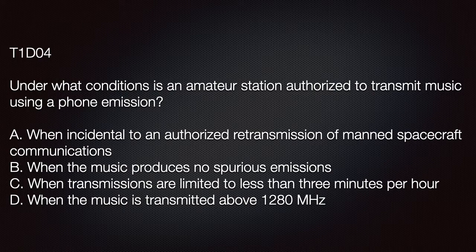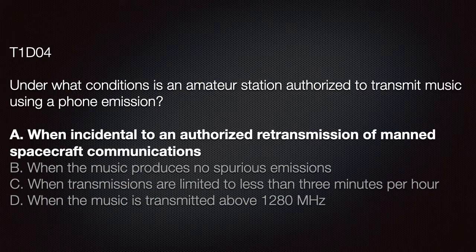C. When transmissions are limited to less than 3 minutes per hour. D. When the music is transmitted above 1280 megahertz. If you answered A, when incidental to an authorized retransmission of manned spacecraft communications, pat yourself on the back. Otherwise, you can always rewatch the video and try it again.